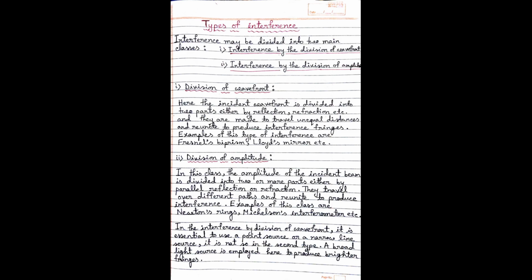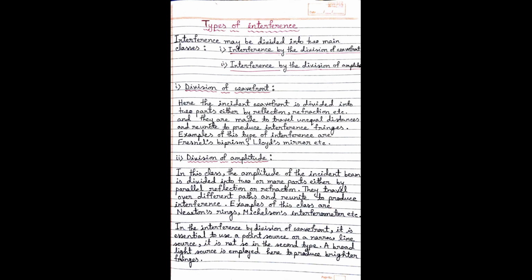In case of interference by division of wavefront, the incident wavefront is divided into two parts, either by reflection or refraction. The examples of interference by division of wavefront are the Fresnel's biprism and Lloyd's mirror. I will discuss the Fresnel's biprism and Lloyd's mirror a little.